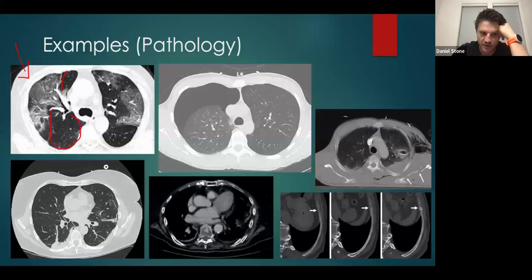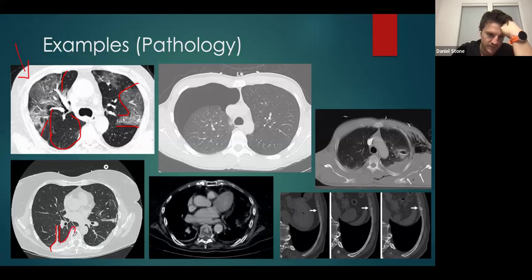The lung should be aerated and it shouldn't necessarily be dense. Once you start seeing density like this, you get a little bit concerned about pneumonia. Pneumonia can look exactly like this, and it can outline like that. It can also just basically collapse the lung and look like this too.